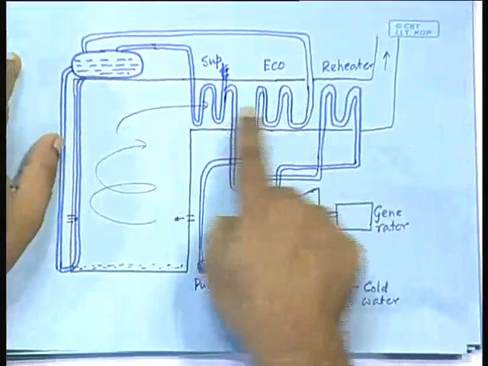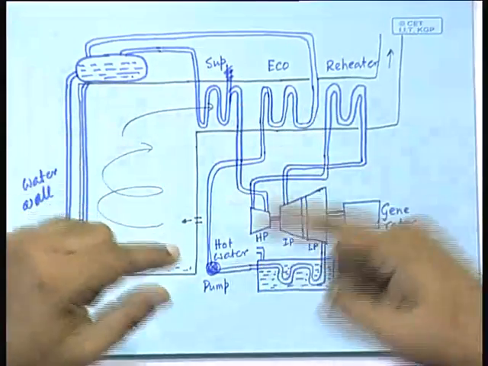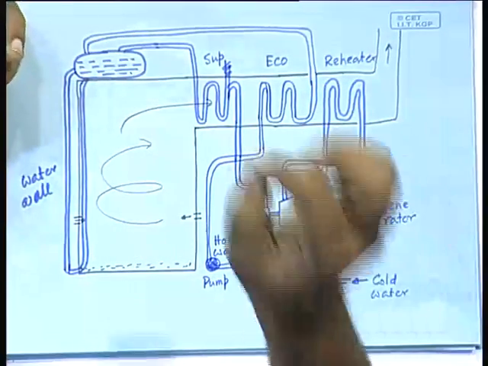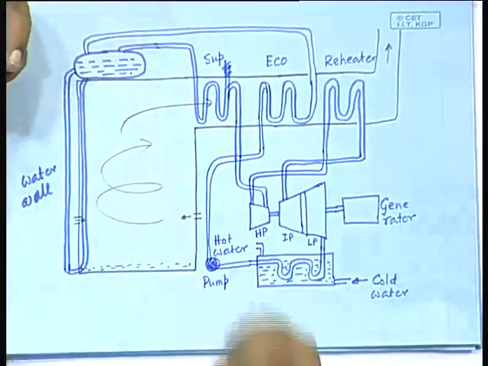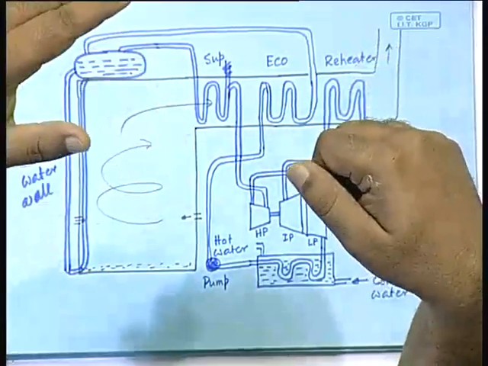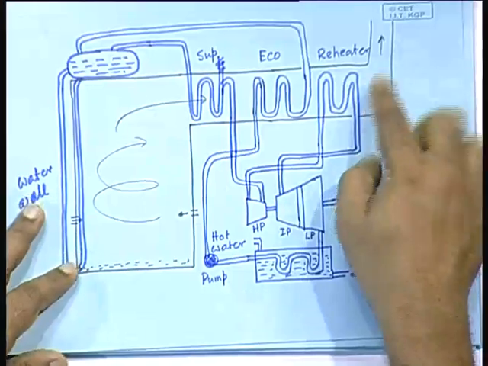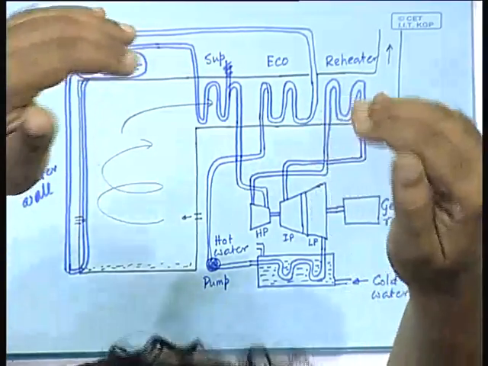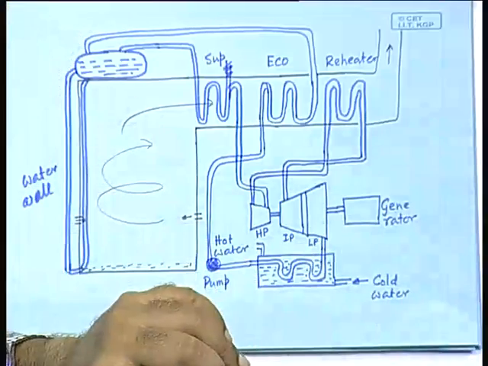Suppose you bring down the temperature so much here, then all these tubes will start to corrode, because sulfuric acid will deposit on them. You cannot allow that. So, the temperature of the flue gas has to be above the dew point of the sulfuric and sulfurous acids. So, these are the two reasons why this temperature has to be somewhat high. It cannot be brought down to the room temperature.